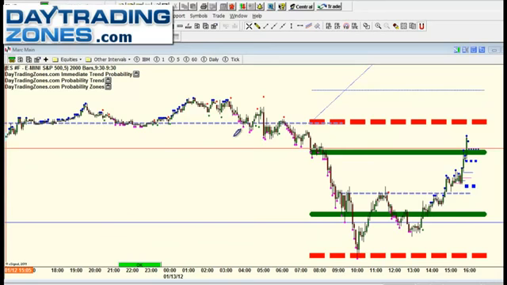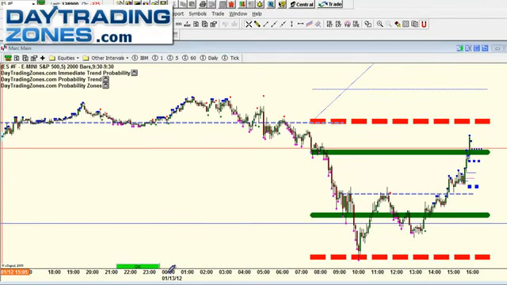So the key is to interpret how to place support and resistance even on your own, just placing horizontal lines if you don't have a solid algorithm or support and resistance indicator. Here I'm going to give you an example. That's a mini S&P chart from January 13, 2012, so it's from Friday.